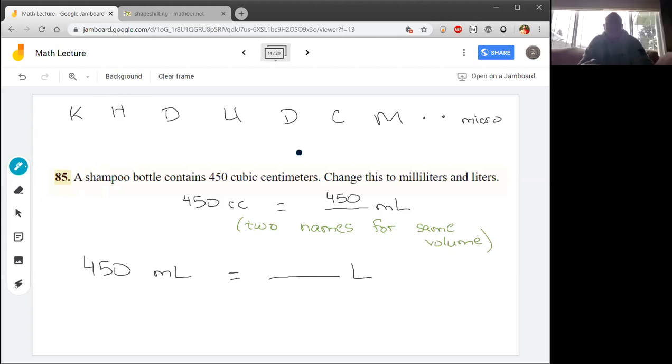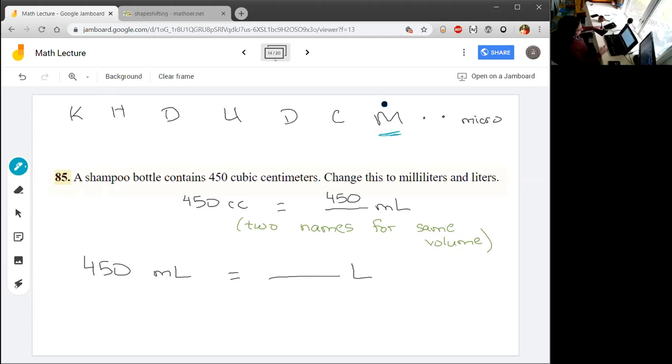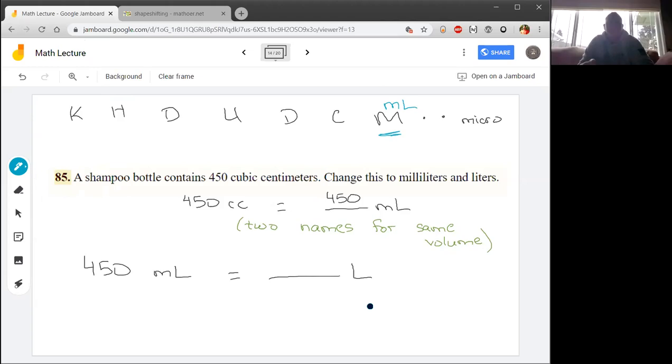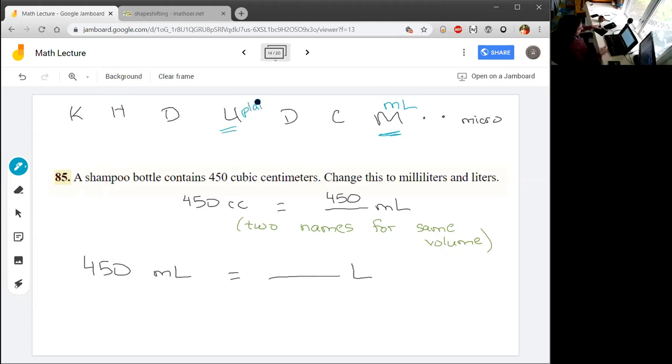At the M, we're at milliliters. And where are we going? 3 places to the unit. Yeah, here's plain liters. And that is 1, 2, 3, as he said. So 0.45 liters.